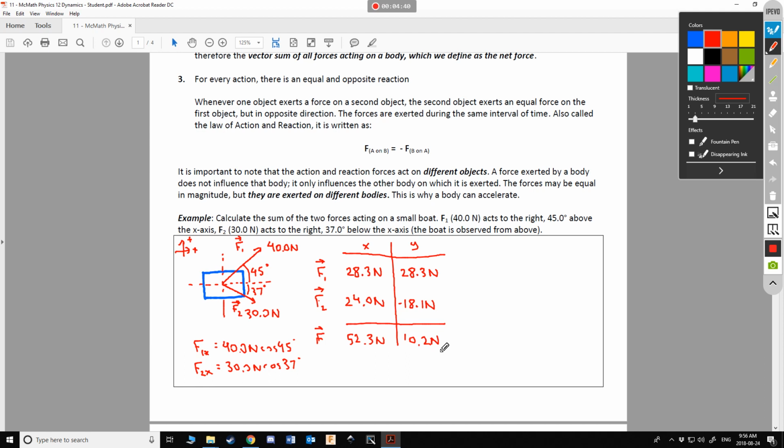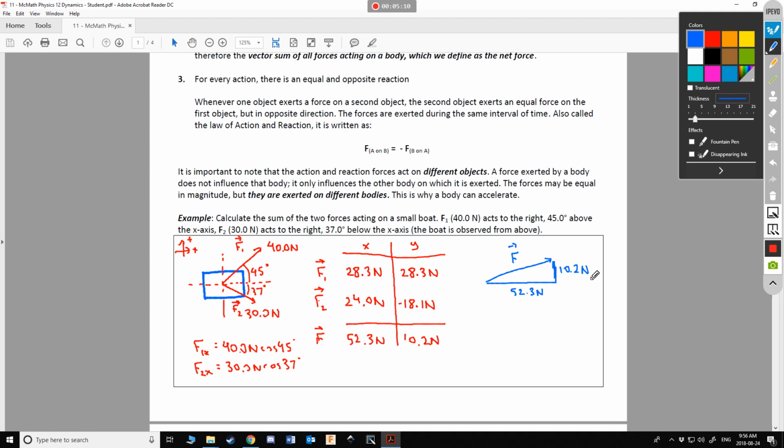So what this means, we're almost there. So I can draw a triangle for our net force. Our net force has an x component of 52.3 and a y component of 10.2. So we're trying to find out what is that resultant vector. So these are 52.3, 10.2. Combine them with 52.3 squared plus 10.2 squared, square root.